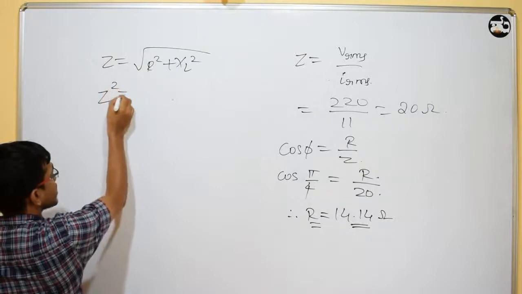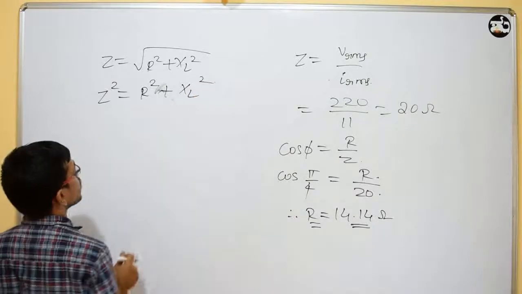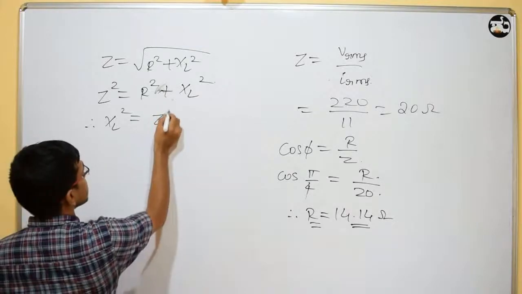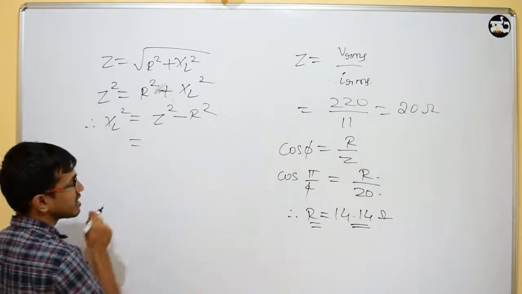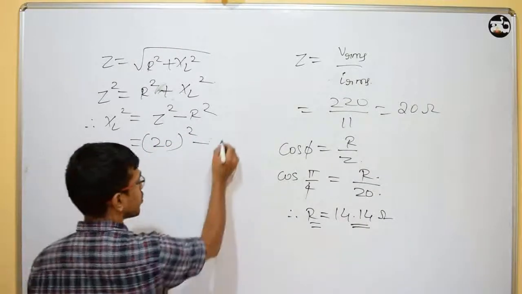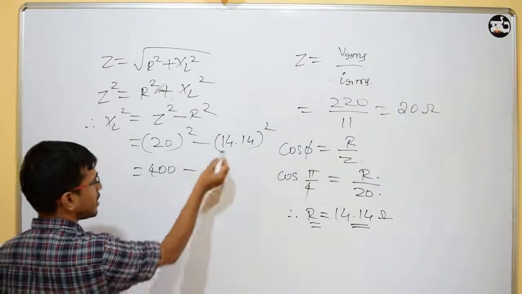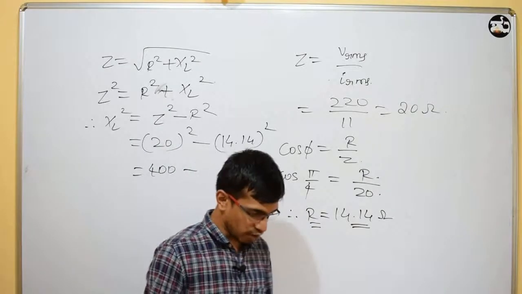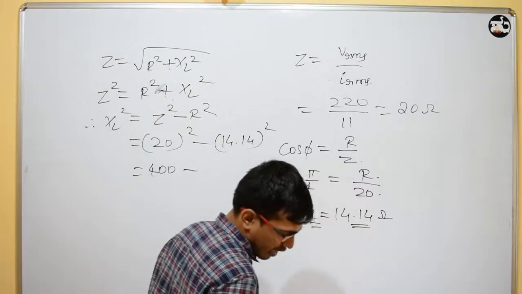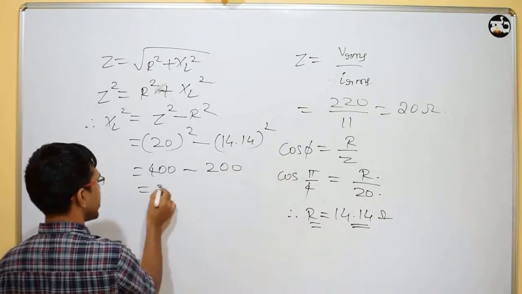I will get Z square is equal to R square plus XL square. Therefore XL square is equal to Z square minus R square. Z is 20, so 20 square minus 14.14 square, that is 400 minus 14.14 square. We get around 200. Yes, it is nearly equal to 200 if you use the calculator.